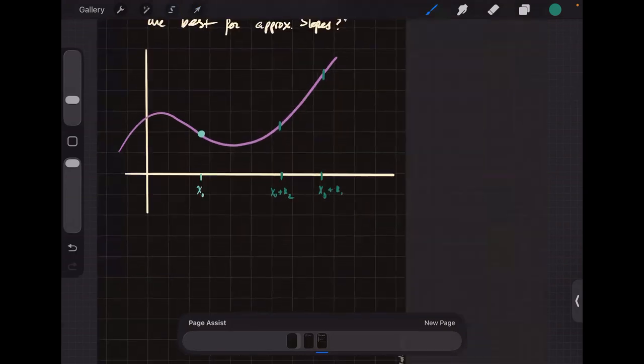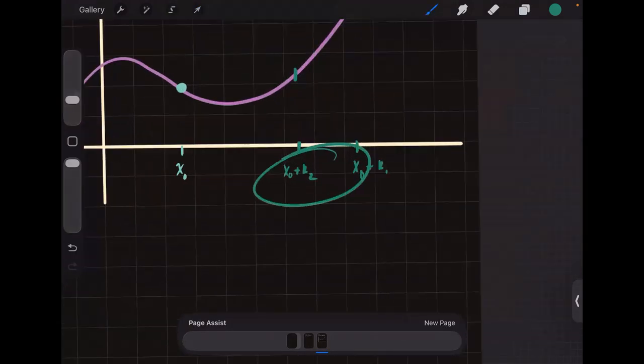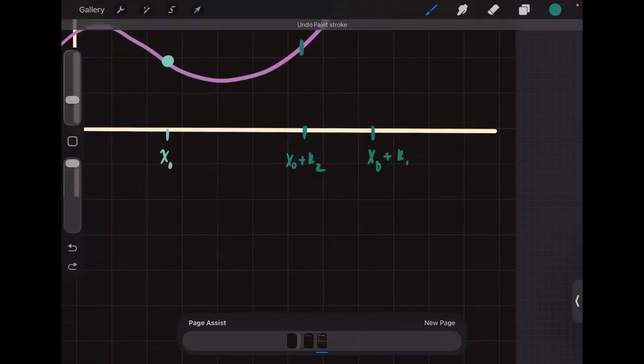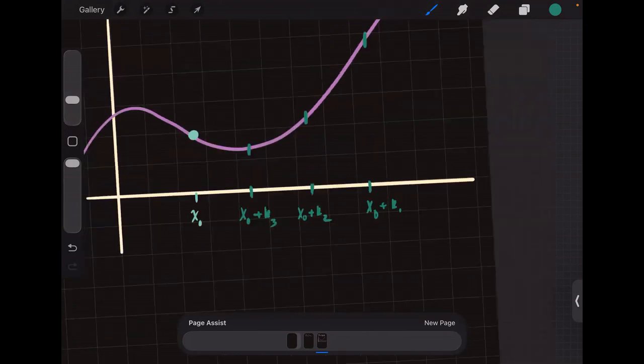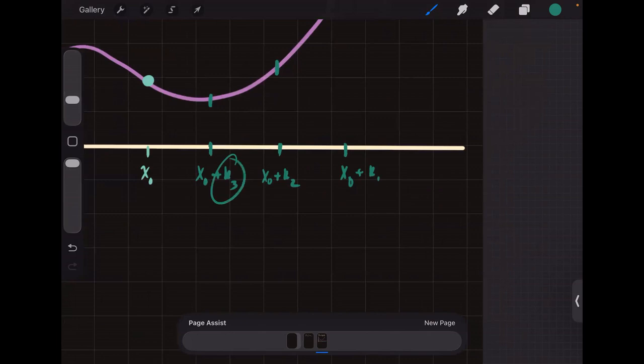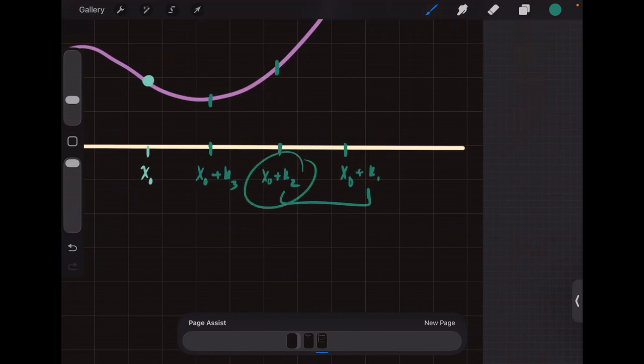Okay. So if we say that this is better at the smaller distance value, what if I asked you about x sub 0 plus k3? Is it going to be better to choose k3 as a distance, k2, or k1? Since we already established this will take you here, you might be inclined to want that.